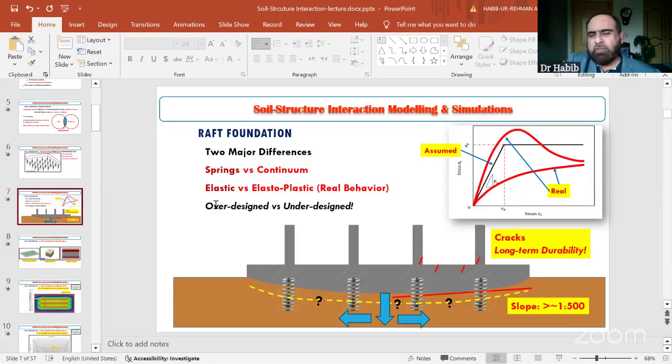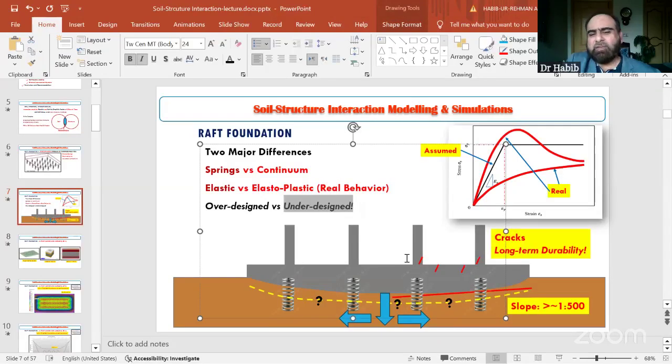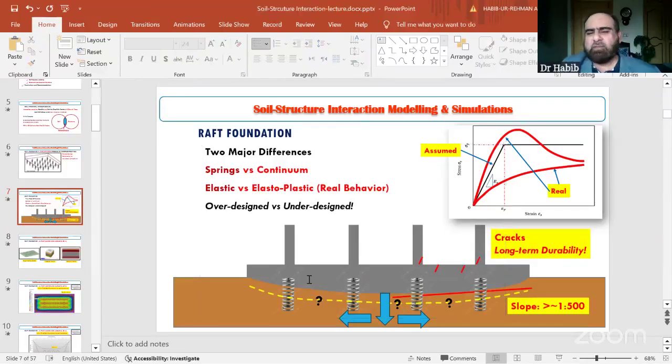It could be over designed, I'm not saying, but at least it was not under designed. So this is the way to assess the safety, or integrity, of the structures: expose the foundations partly and see if there are any problems.